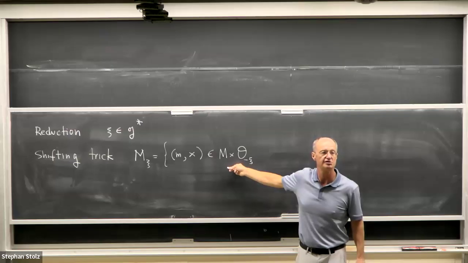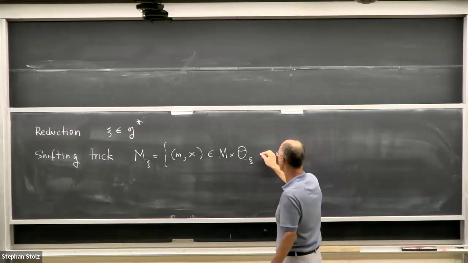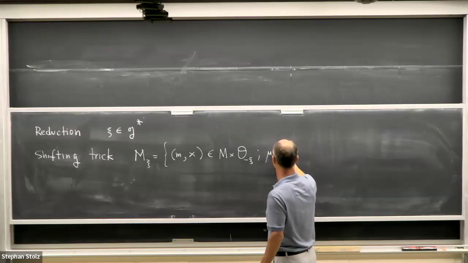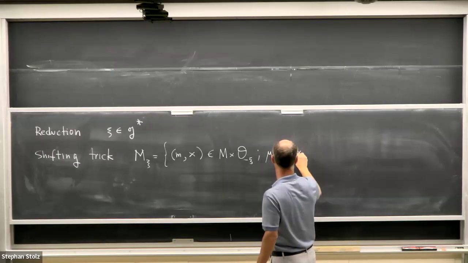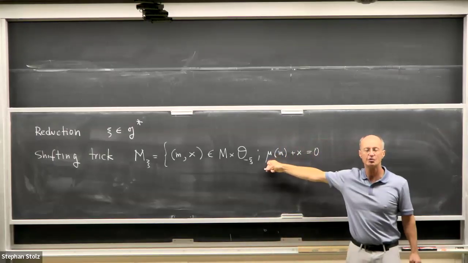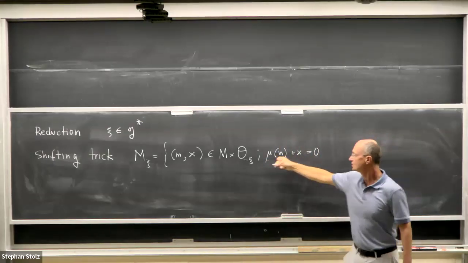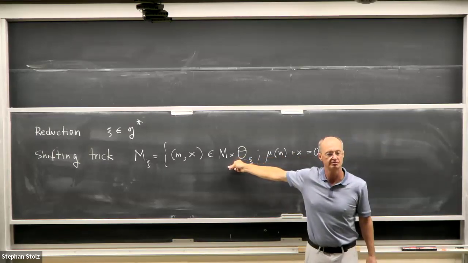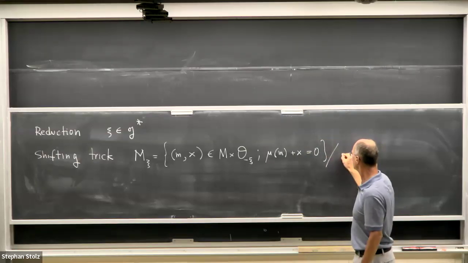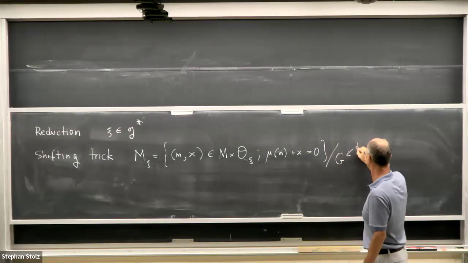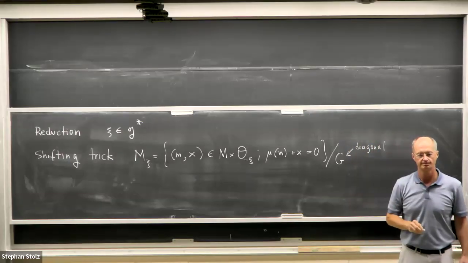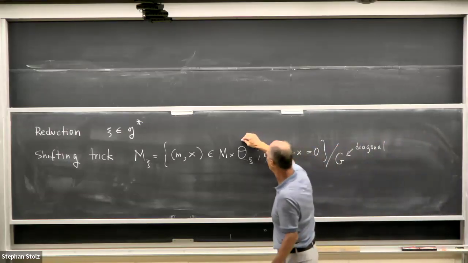Now we'll say this is a coadjoint orbit of what? And these are points which satisfy the condition that the sum of the moment map on M and the coordinate in that space is equal to 0. And now you divide by the diagonal action of G.